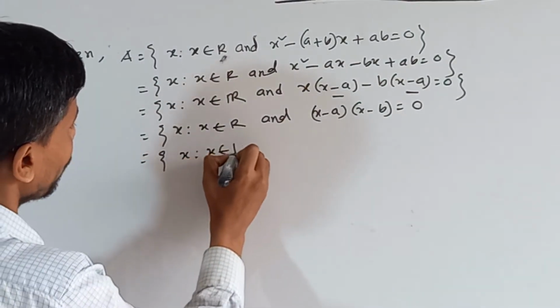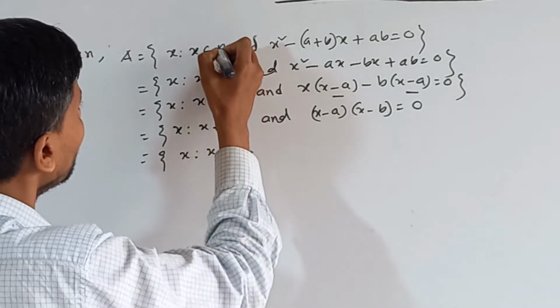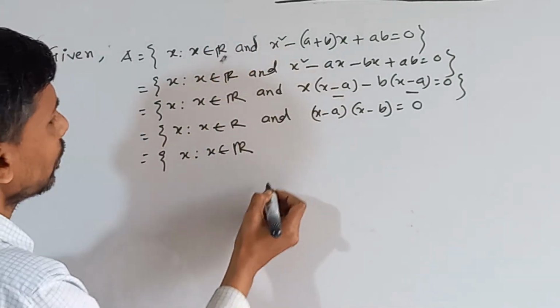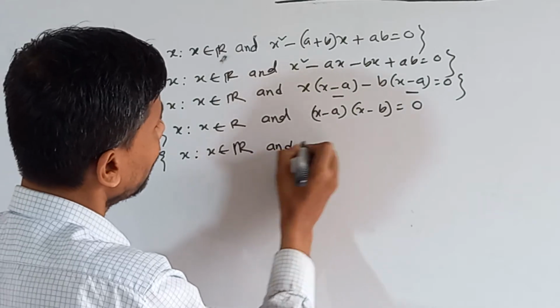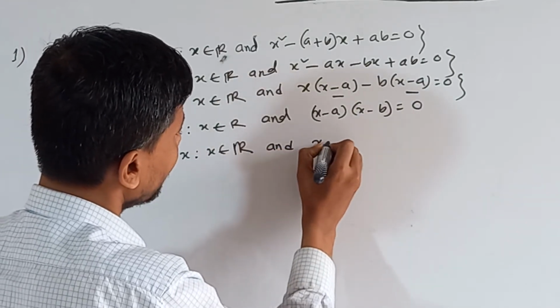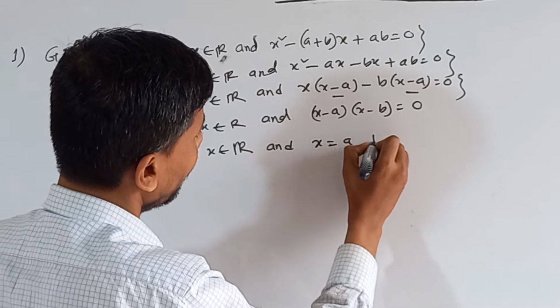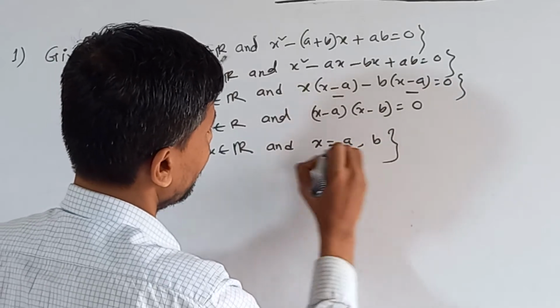So x belongs to R and x equals a, x equals b.